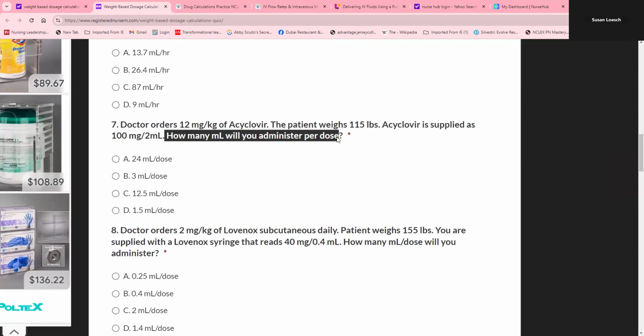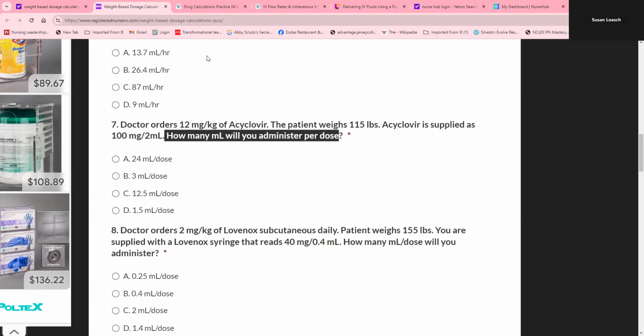They want you to calculate it. So let's start with how many milligrams you would actually give. Your patient's weight is 115 pounds, and the ordered dose is 12 milligrams per kilogram.